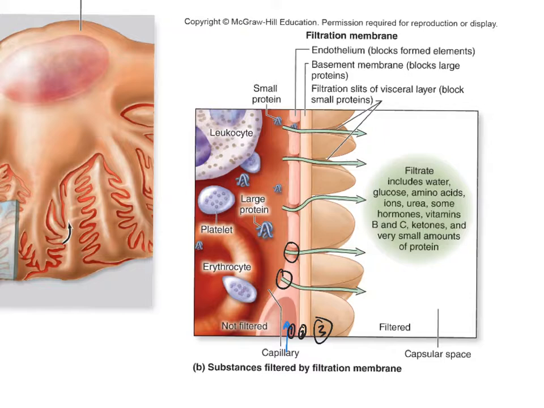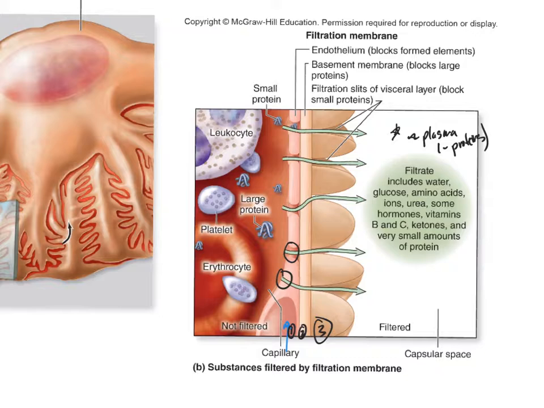So what you end up with, as blood goes through the glomerulus and all of this fluid is pushed through the filter, on this side of the filter is something that resembles plasma. Plasma minus the proteins.